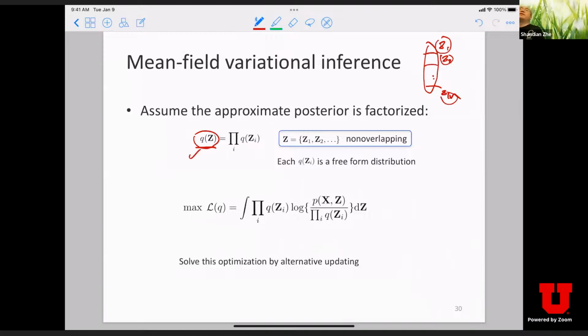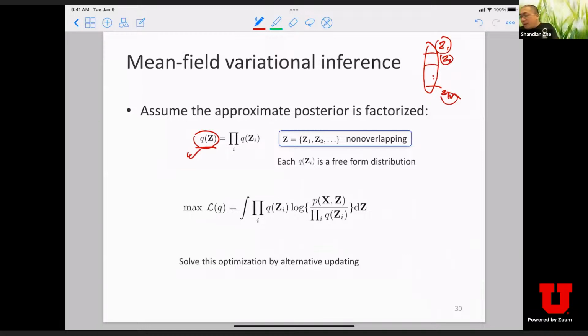Of course, this introduces some inaccuracy, because in practice, in the ground truth posterior, those variables Z1, Z2 to Zm may be dependent. But here, to make this approximation, we assume they're independent.